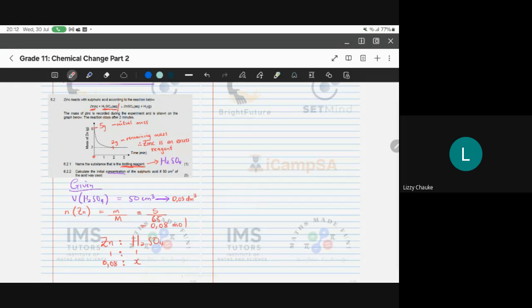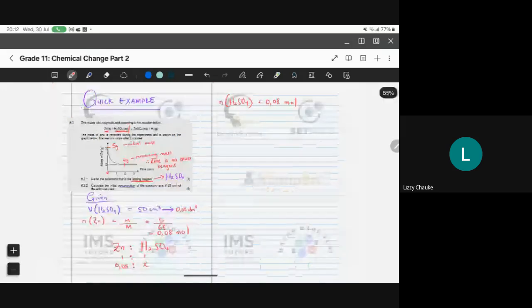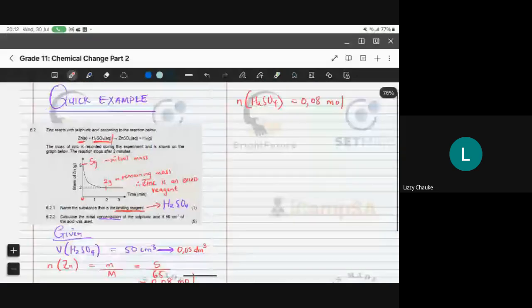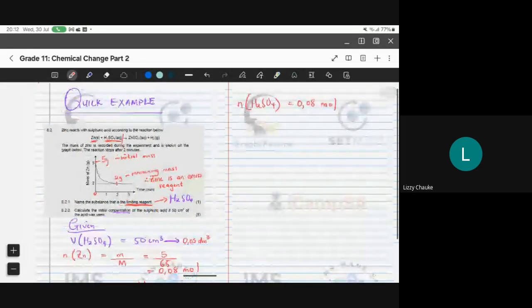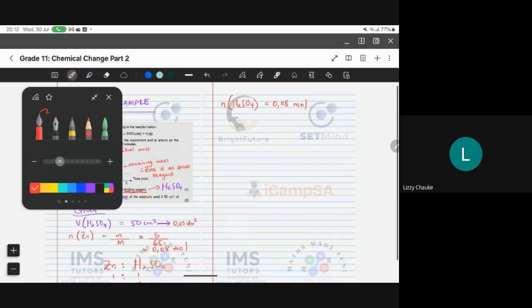Number of moles of H2SO4 is 0.08 mole. Never forget your units. If you do, remember, you're going to kill people one day. You don't need that. Now, at this point in time, we have the number of moles of H2SO4.